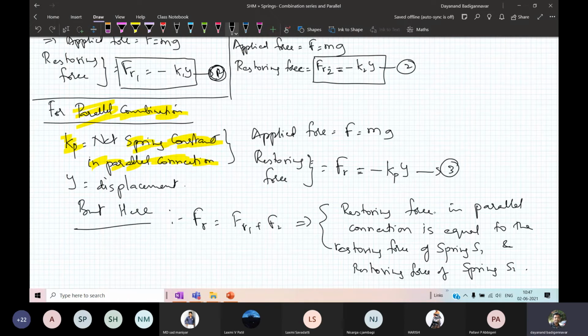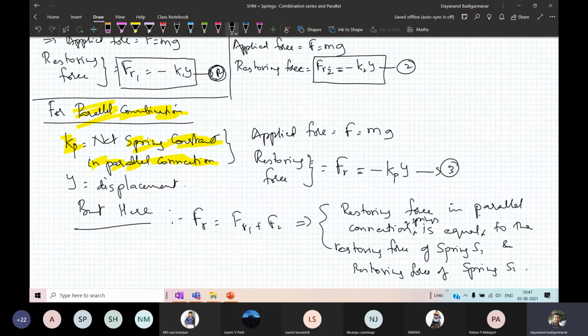Obviously it is understood. The restoring force in parallel connection of springs is equal to the sum of the restoring forces of S1 and S2.